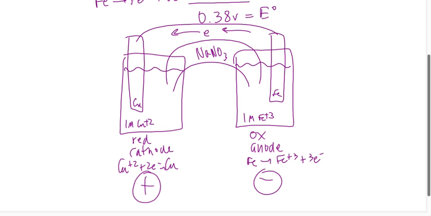What ion migrates into the copper half cell? Na+. Now, here's the thing that irritates me. Here's what I hear some teachers teaching their students across the country, and then I hear the students say it. Oh, the positive goes to the positive electrode.